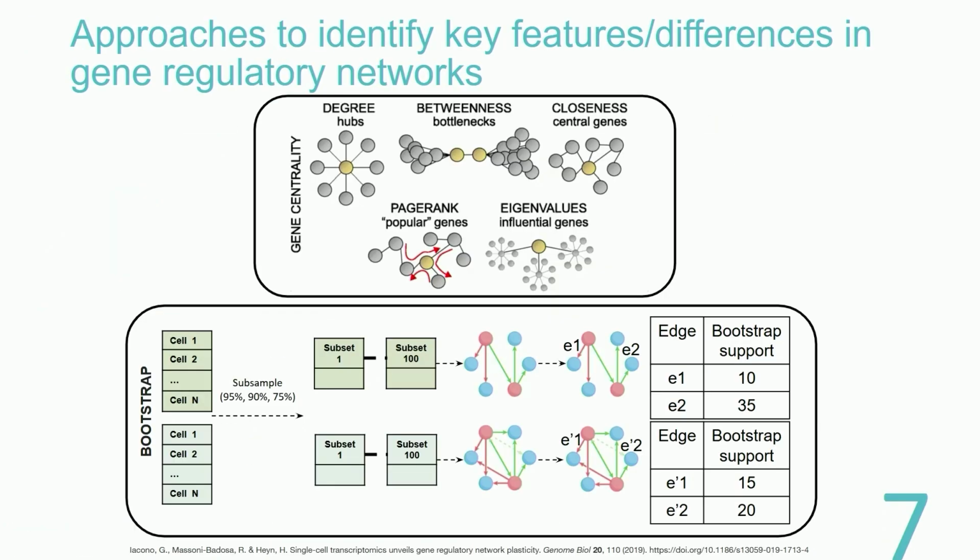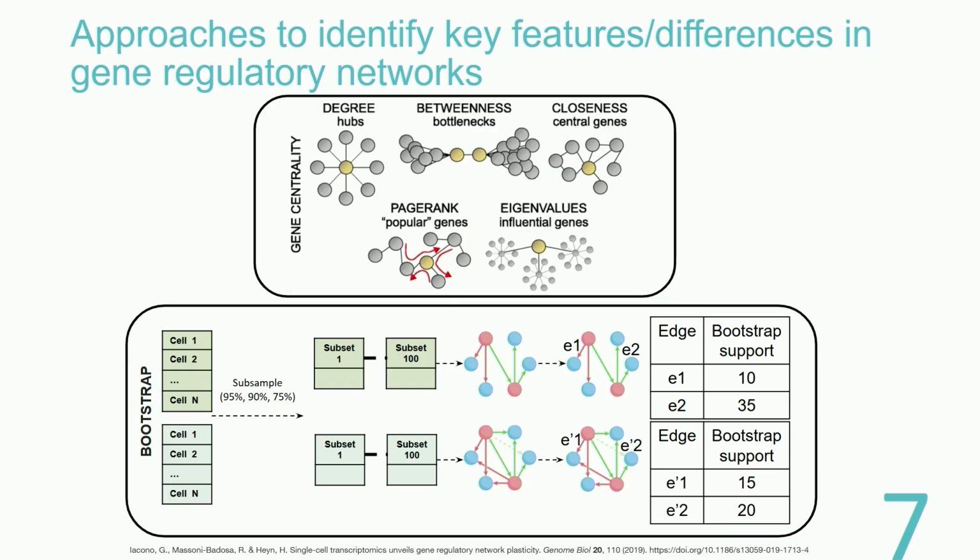And some of the existing approaches and new approaches that we came up with to identify these functional differences would be node centrality measures, something that's really popular in network analysis that allows us to identify the influence of specific nodes or genes within a network, such as bottleneck genes. And we also have this idea of bootstrapping that we can see here, where we weigh each of the edges within the network.